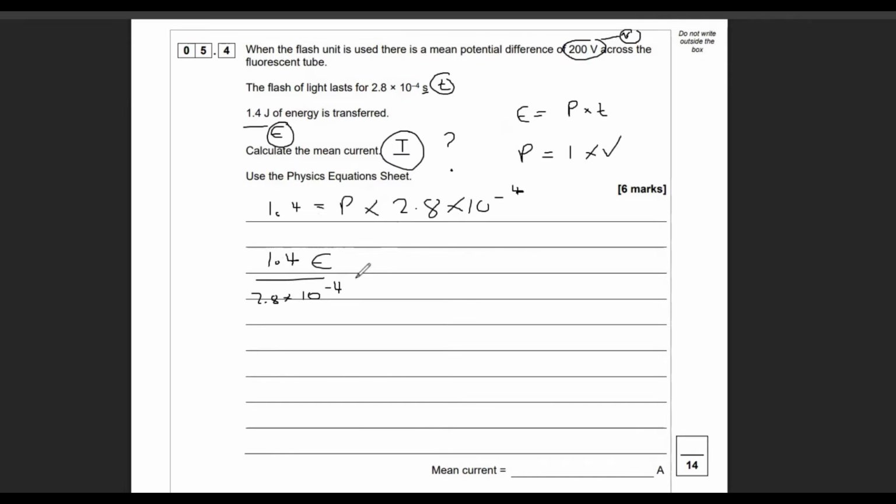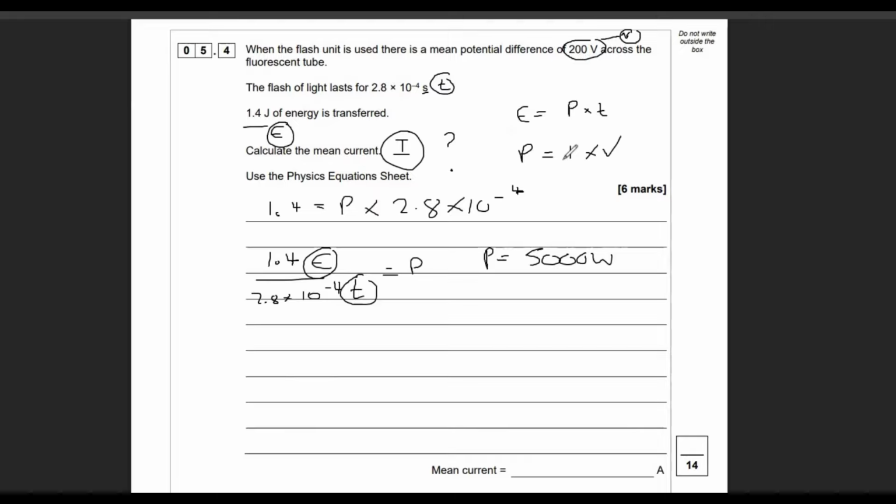Well, I'm just trying to simplify it for you guys. So I'm really doing 1.4 over the time, and that's going to give me P. Let's find out what P is. So I need to smash that in the calculator. 1.4 divided by 2.8 times 10 to the minus 4 equals 5,000. So that means that the power P is equal to 5,000 watts.